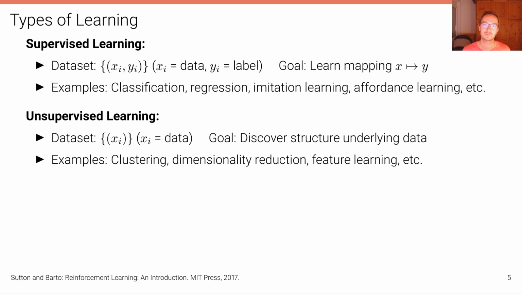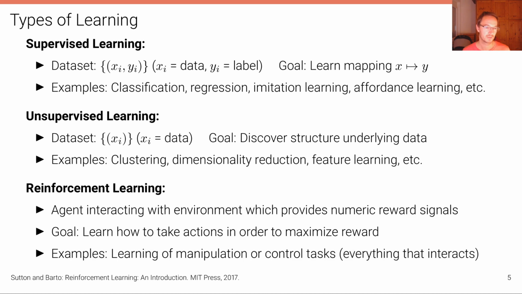And this type of approach has also been used in the context of self-driving. For example, when learning world models of the environment using a simple image reconstruction loss in order to learn a good compression of the high-dimensional state. And then finally we have reinforcement learning, which is what we're gonna talk about in this lecture, where in contrast to the first two learning types, an agent interacts with its environment.